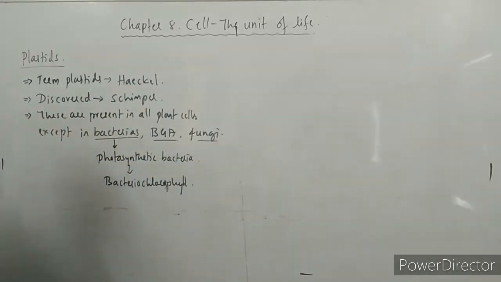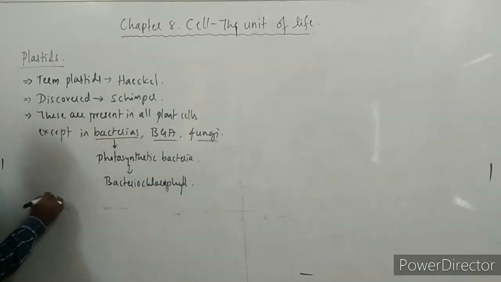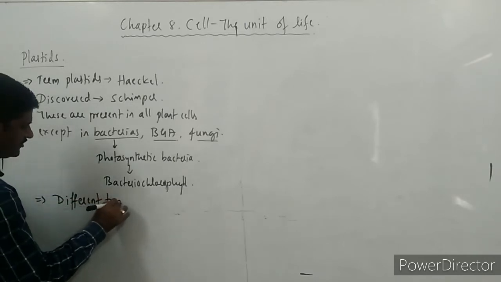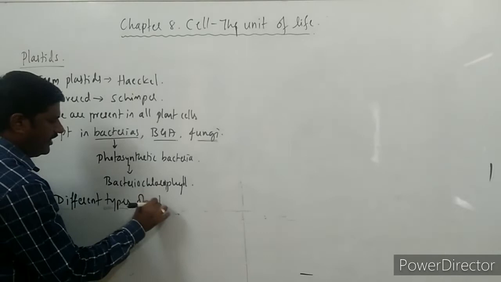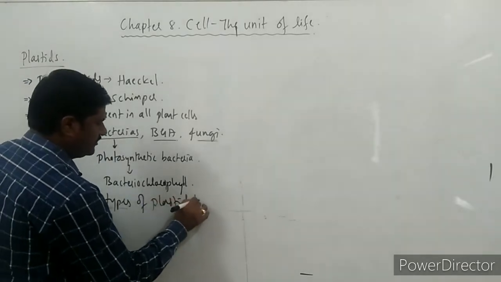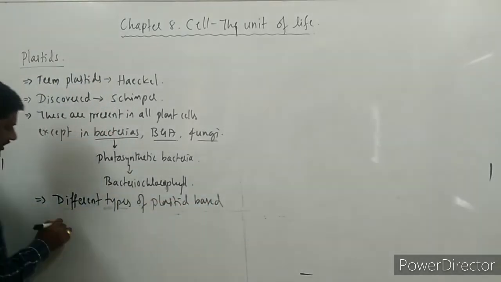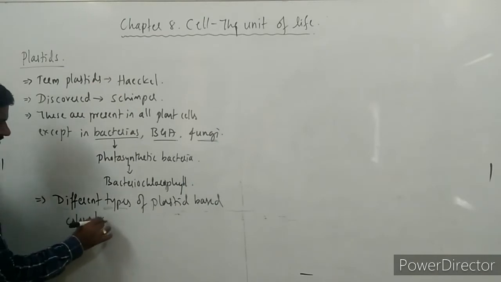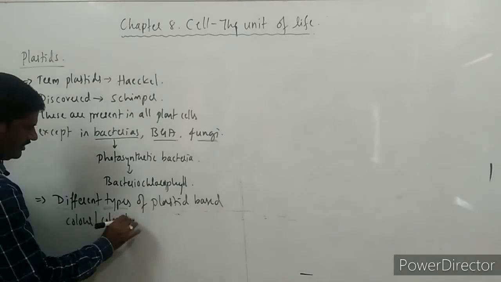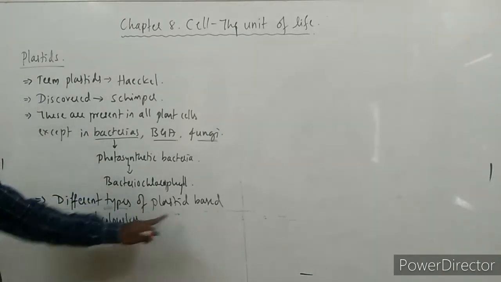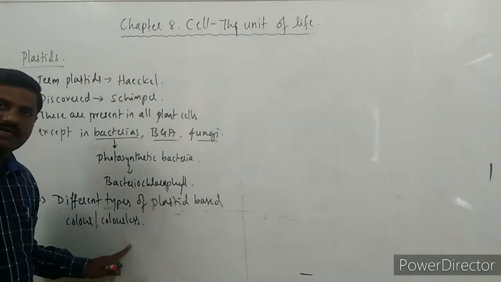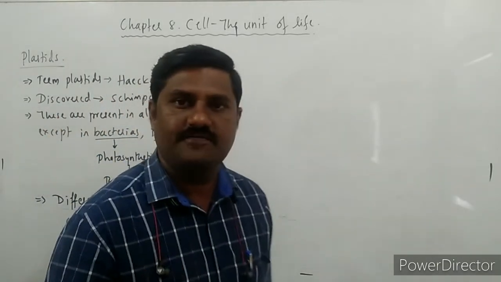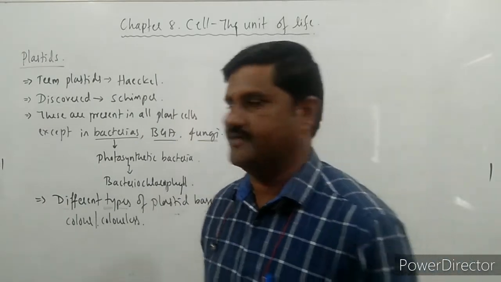So next one. These plastids are of different types, based on color, based on whether they have color or are colorless. So based on that, they have been classified into different types of plastids, right?